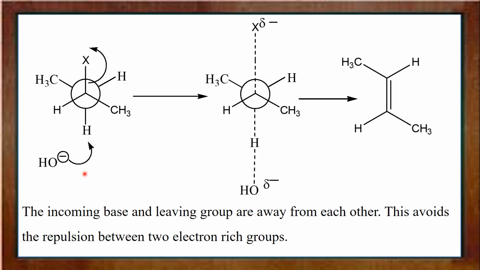Therefore, the elimination reaction takes place through a lower energy transition state, resulting in the formation of an alkene. So, the anti-periplanar conformation allows the base to abstract the beta hydrogen by being far from the nucleophilic leaving group.